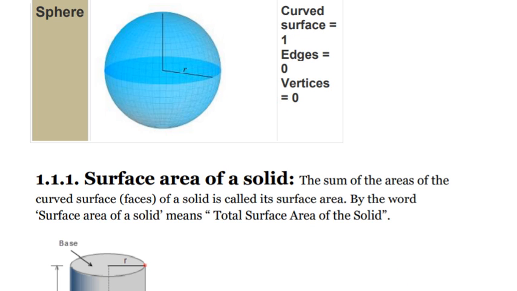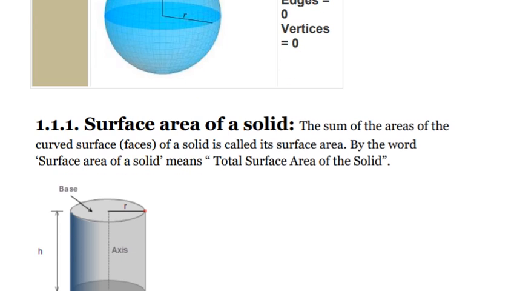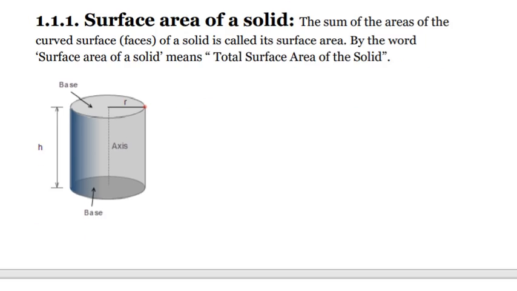Now next, surface area. You have to know how to find surface area. And what is surface area? Remember this, surface area means total surface area. How many faces are there? For example, for this cylinder, how many faces are there? Three: two flat surfaces and one curved surface. The upper one is the top, this is the bottom face, and this is the curved face. When we find the area of all three surfaces, then only you get the surface area of a solid.